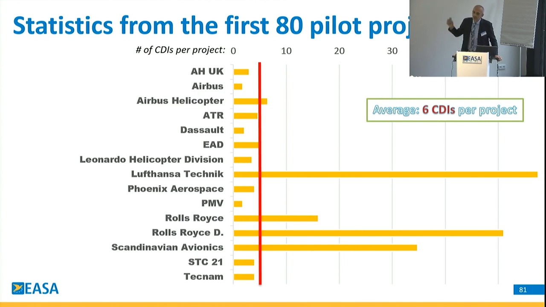As you can see in this slide, we have the average number of CDI per project. Just a reminder for all of you, the risk assessment is to be performed at CDI level, and the LOI proposal at the end of the day is at CDI level. So this number, the average of 6 CDI per project, tells you that on average, for each project we had 6 CDI, and the risk assessment was performed 6 times.